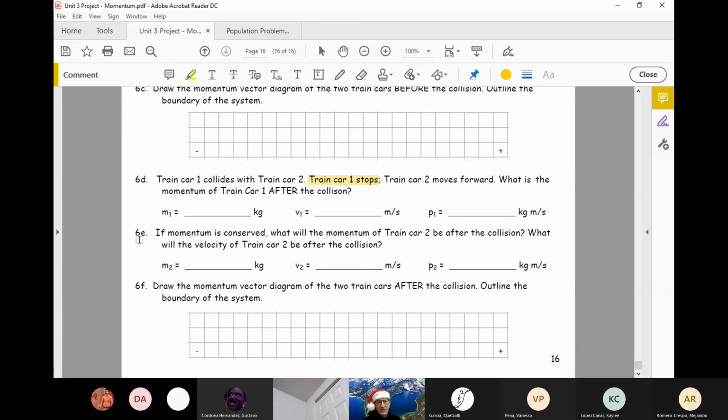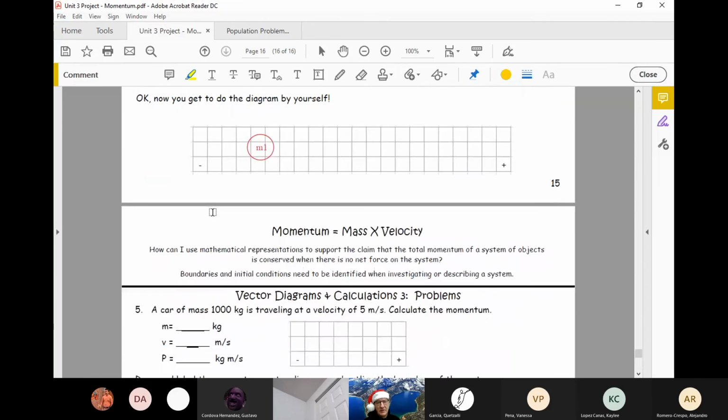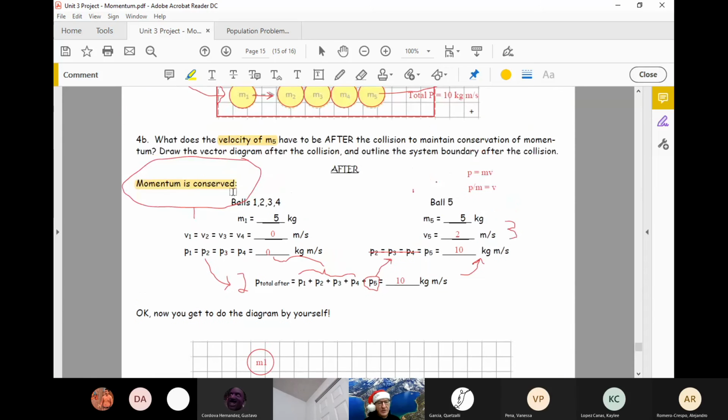So down here at 6E, oh boy, you have to find the momentum. You have to find the velocity. It's not giving it to you. This is where you had to do that thing where we work backwards. Okay? And you have to keep in mind, like we did here, that momentum is conserved.